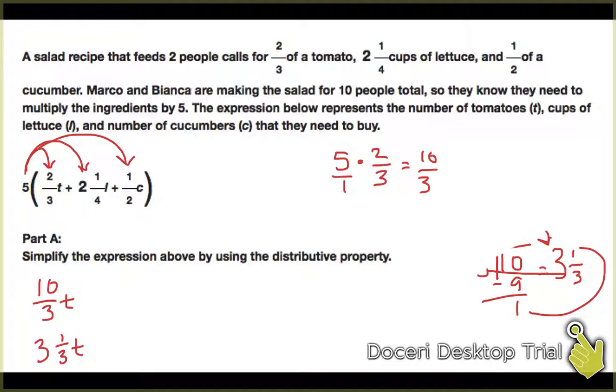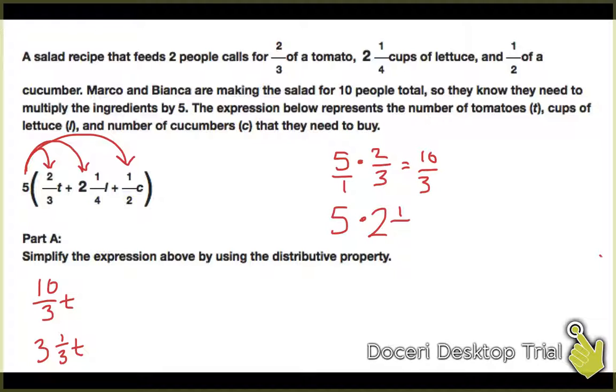Okay. So now we have to figure out how many bags of lettuce they need. So here I have 5 times 2 1/4. Well, in this case, I have a mixed fraction, so I need to change it to improper before I can multiply straight across.